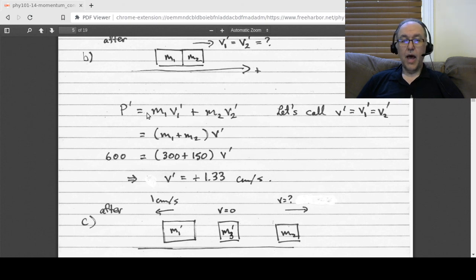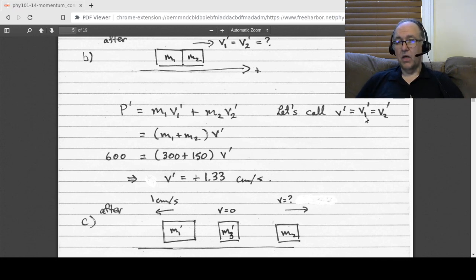But for M1 V1 primed plus M2 V2 primed, let's just give it one name, V primed, because that V primed is the velocity for the combined M1 and M2. Both of them are going to be traveling at the same speed because they're stuck together. That's what we mean by sticking together: they're moving together, which means they'll both have the same velocity.